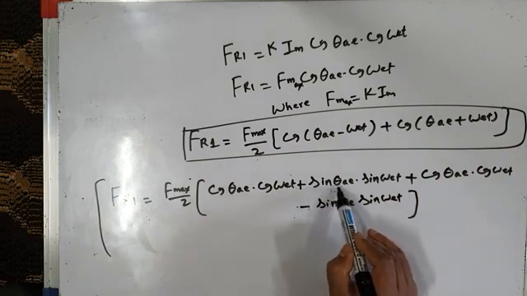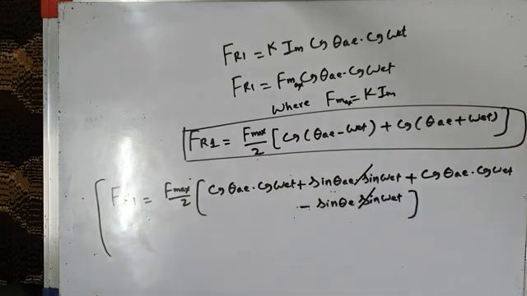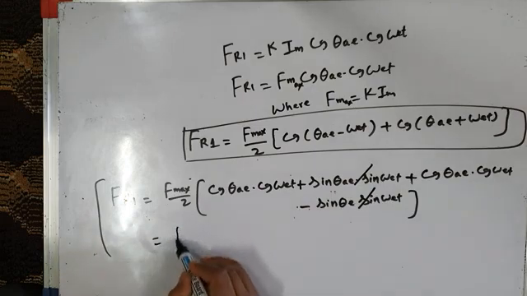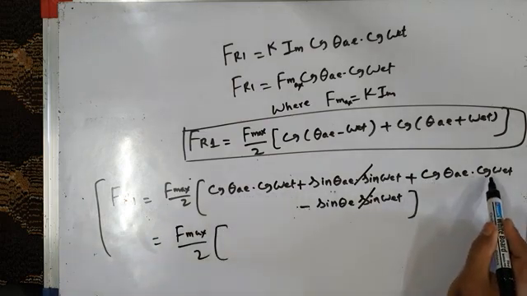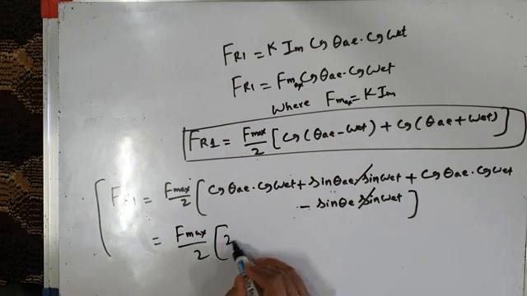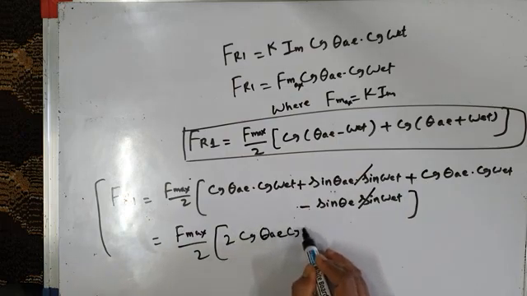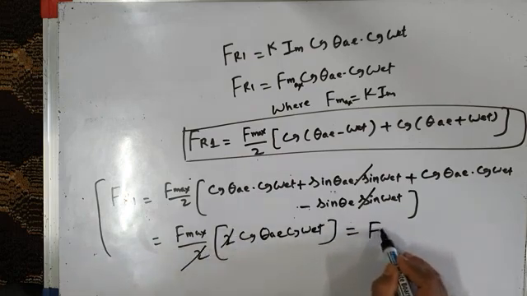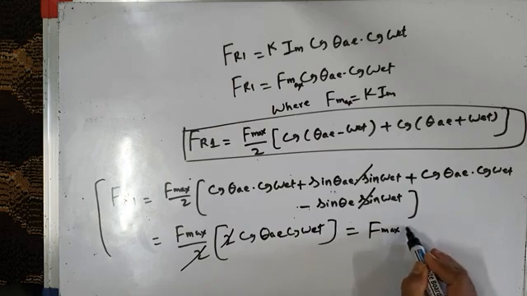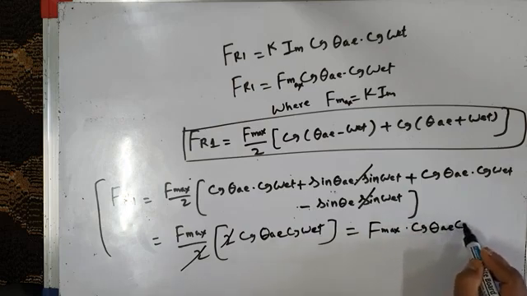Now the sin theta AE sin omega AT and the minus sin theta AE sin omega AT add up to 0. So what are we left with? We are left with F max by 2 times cos theta AE cos omega AT plus cos theta AE cos omega AT, so this is 2 times cos theta AE cos omega AT. Now this 2 and 2 cancel, so this comes out to be F max into cos theta AE cos omega AT.